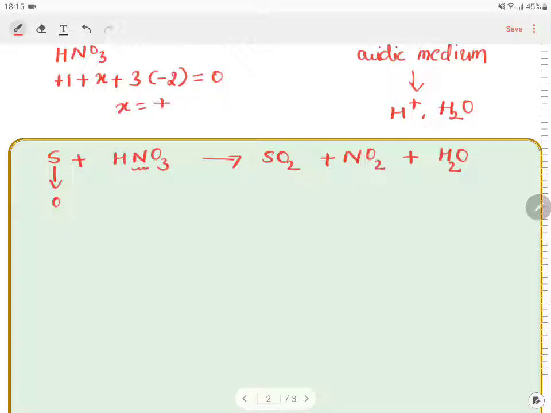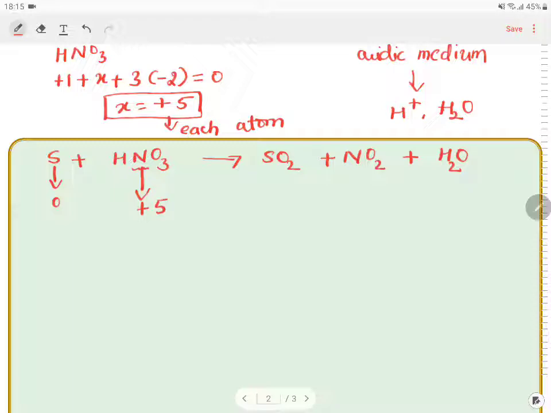Therefore X is equal to plus 5. Whatever I am writing, X is equal to plus 5, this is for each atom. This is also most important. Therefore, for one nitrogen atom, the oxidation number will be plus 5.